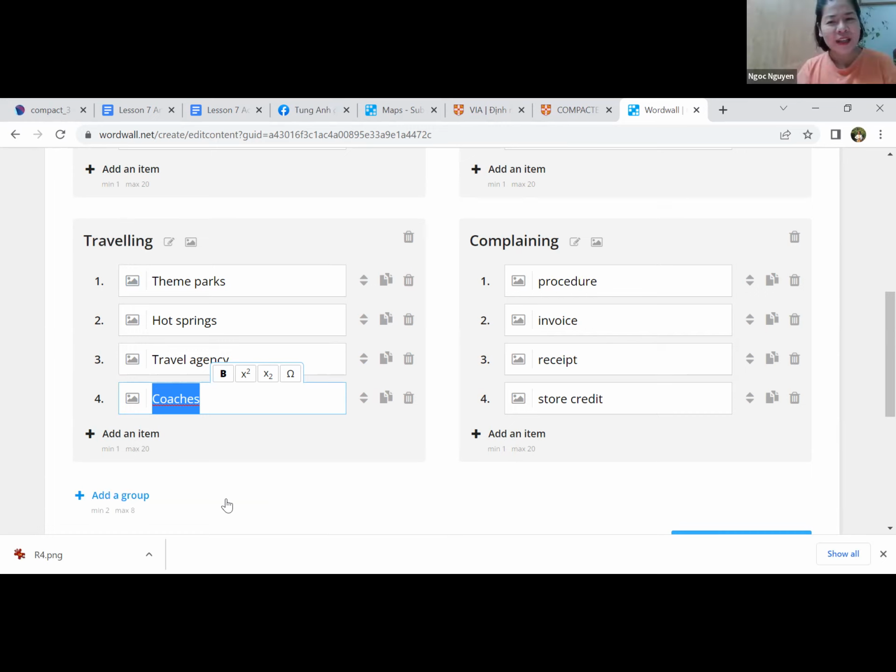Is it a kind of vehicle? Yes. And it looks very similar to another type of vehicle, a bus. Exactly. Thank you. Everybody, a coach is a long vehicle, and it looks very similar to a bus, but buses usually travel inside cities. Coaches usually travel between cities. Thank you, Phong. And now let's move on.